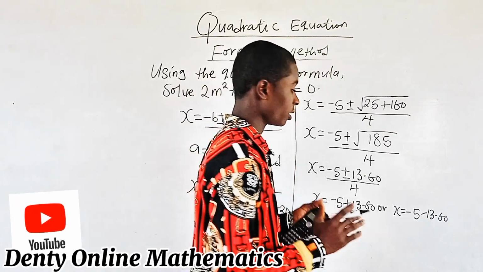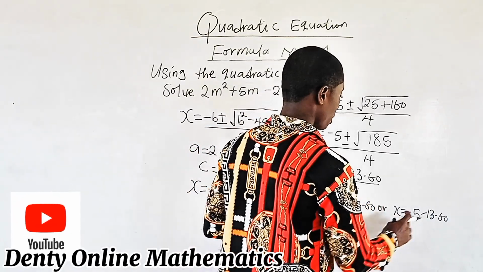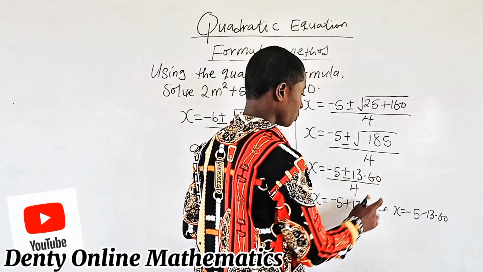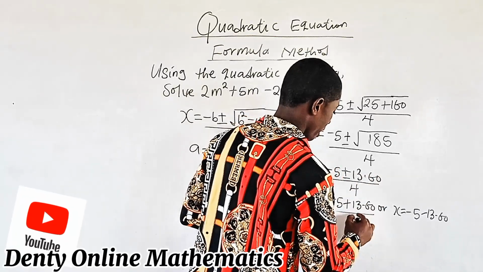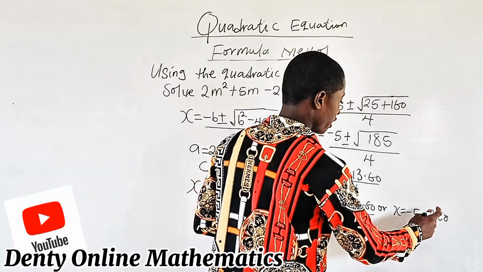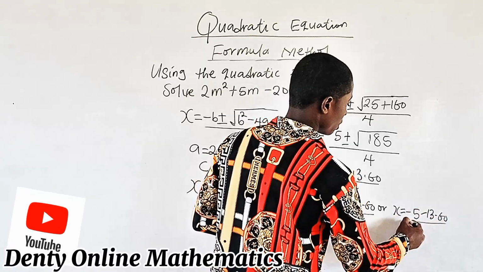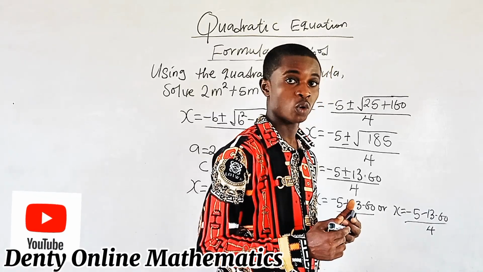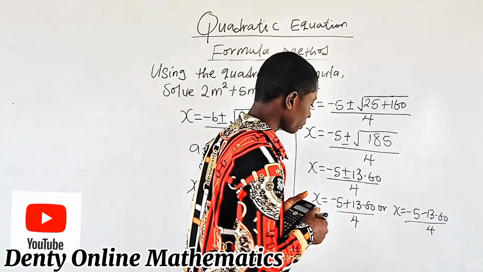You get? So that's how it's going to be. Minus 5 plus 13.60, all of this divided by 4, or minus 5 minus 13.60, all of this also divided by 4. Hope you're following.